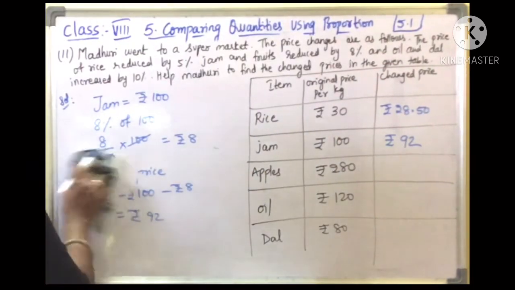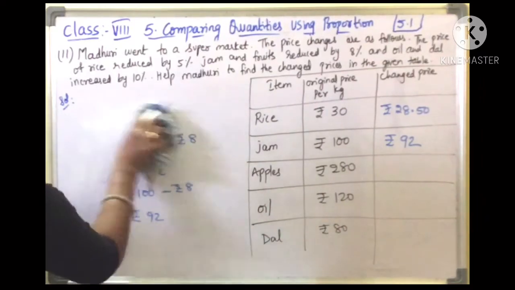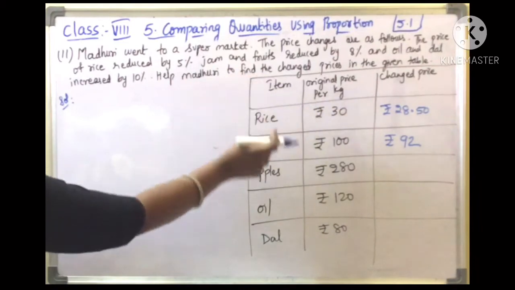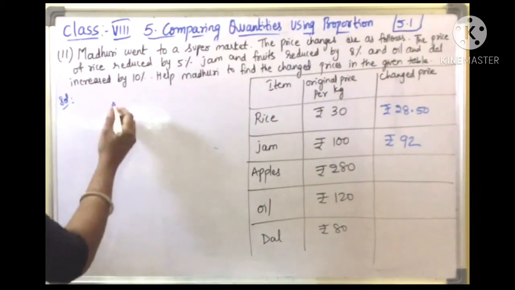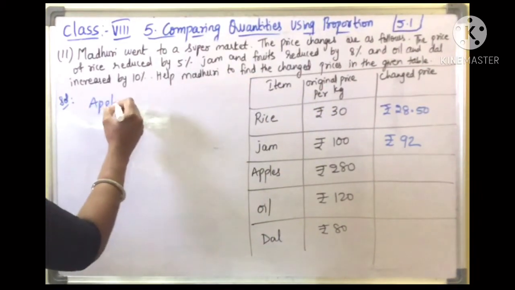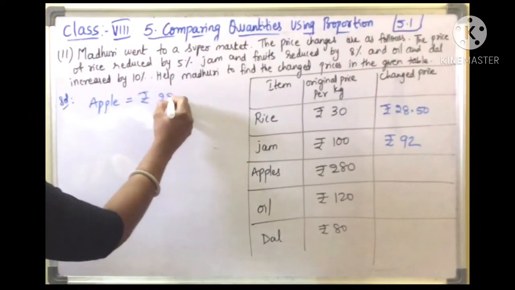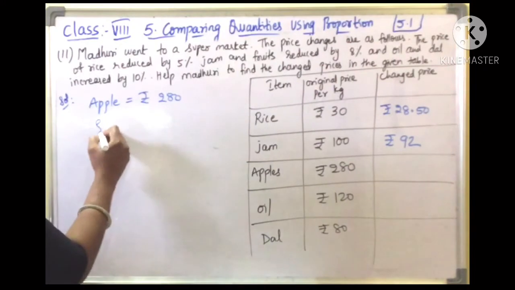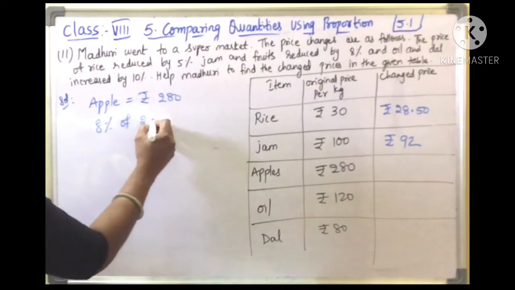And the next one is apples. What is the condition for apples here? See, jam and fruits. Apple comes under fruits. So here the cost of apple is given as rupees 280, reduced by 8%. First we will find 8% of 280.